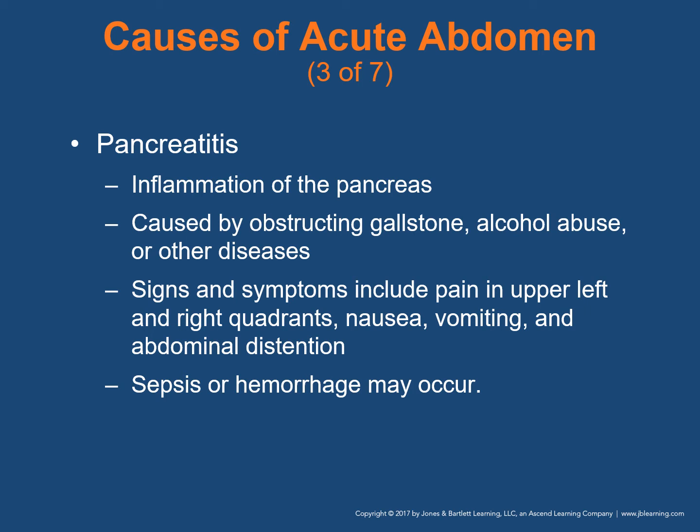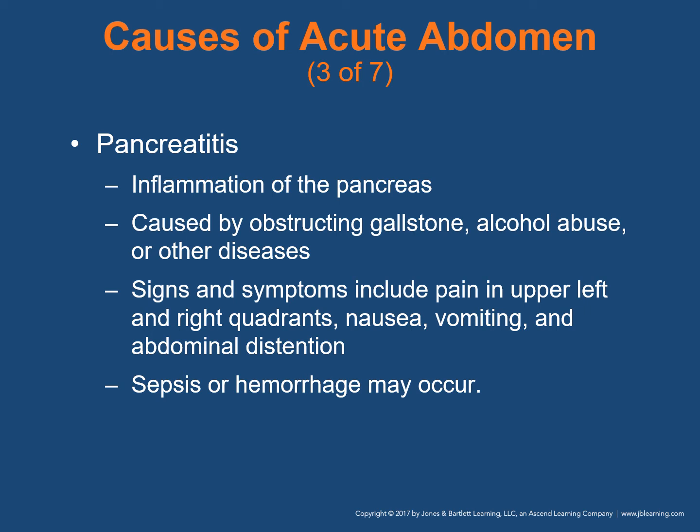Pancreatitis is our third cause of an acute abdomen. Because you see that itis, you know that it means inflammation, and it's inflammation of the pancreas. This can be caused by many things, including gallstones, alcohol abuse, or other diseases.